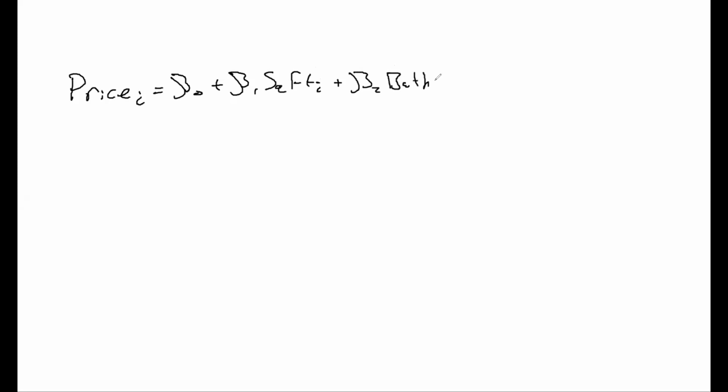The specification of this regression is we have price_i equal to our beta 0 plus our beta 1 multiplied by the square feet of the ith home plus beta 2 multiplied by the number of bathrooms, sub i, plus our error term.